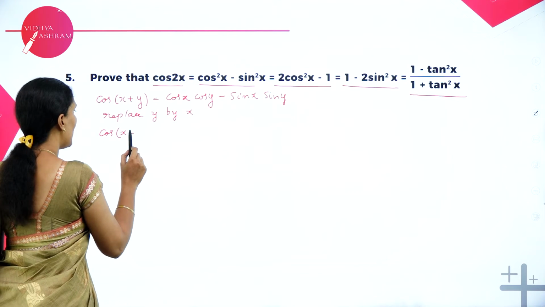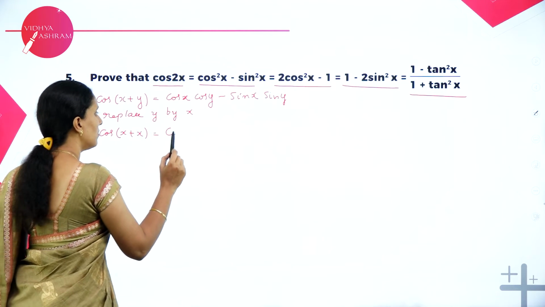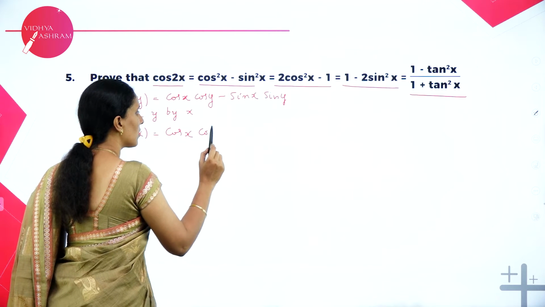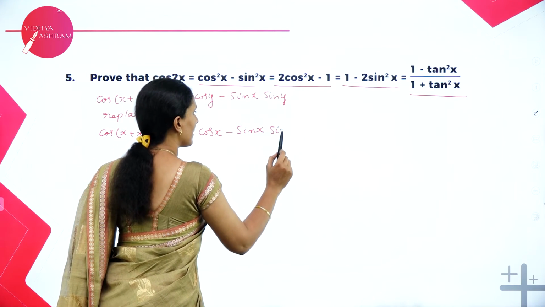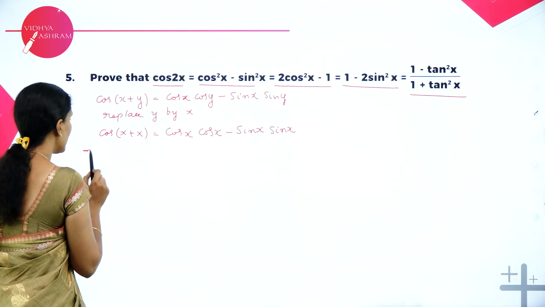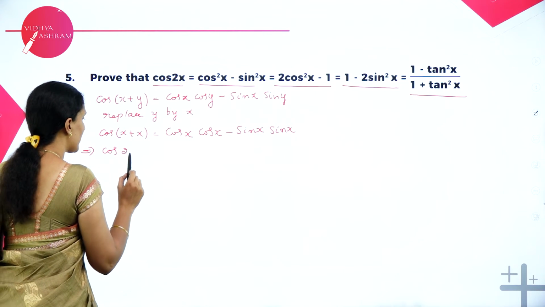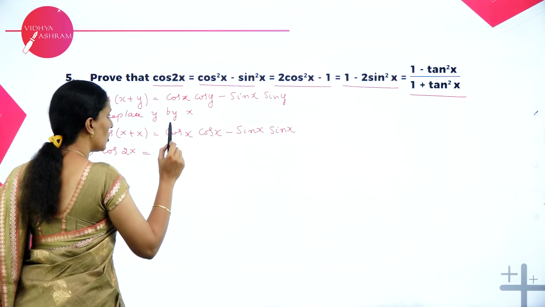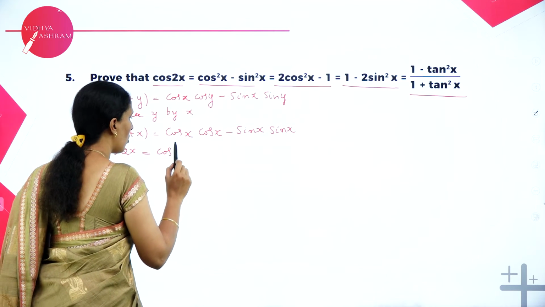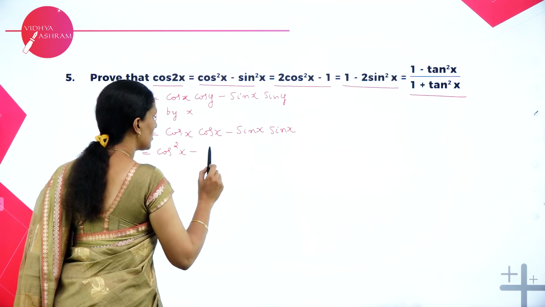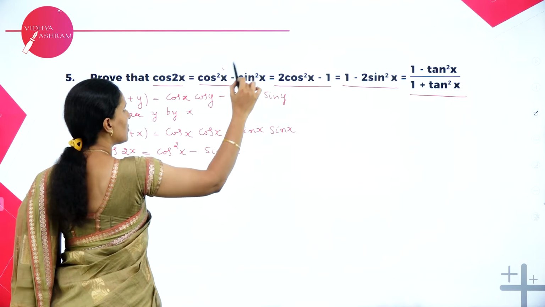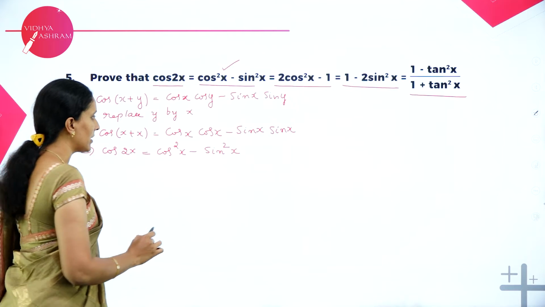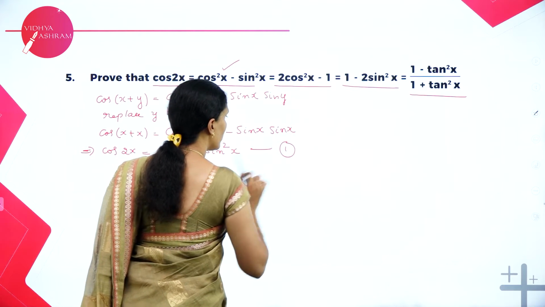Cos(x plus x) is equal to cos x cos x minus sin x sin x. So this implies cos 2x, because x plus x is 2x, cos x into cos x is cos square x, sin x into sin x is sin square x. So thus my first proof is verified. So let me take this as equation 1.